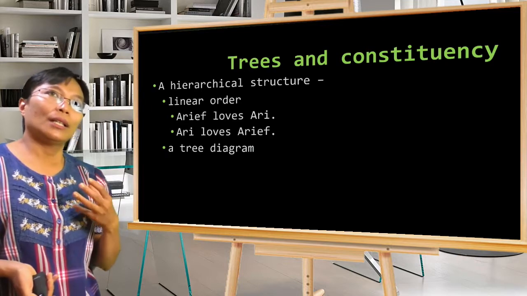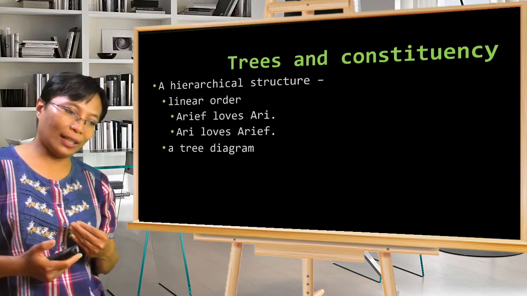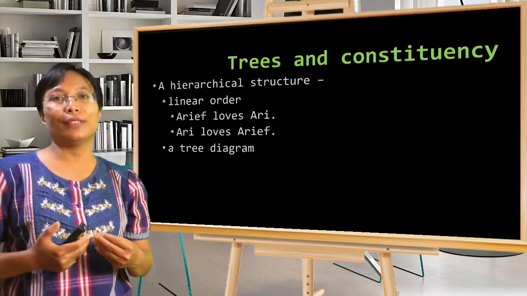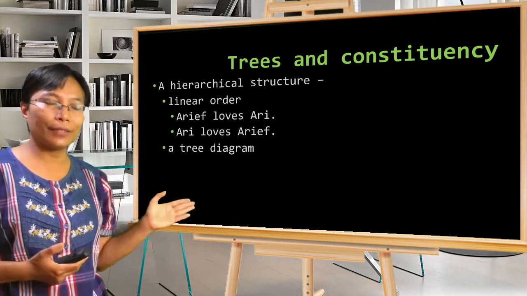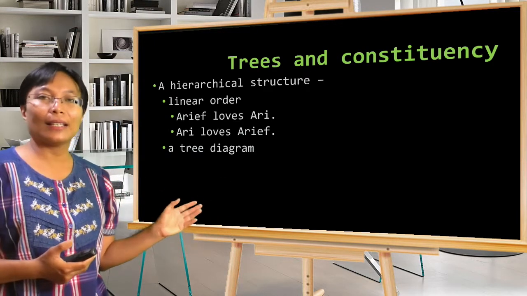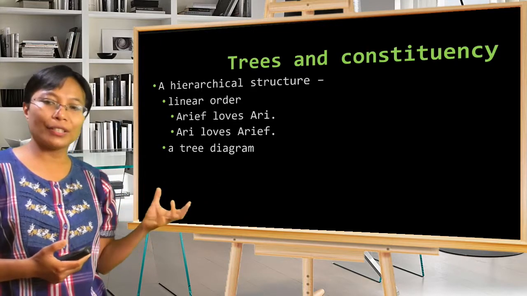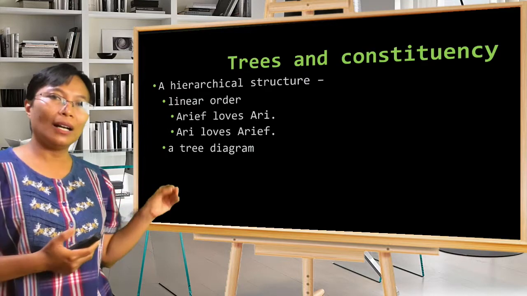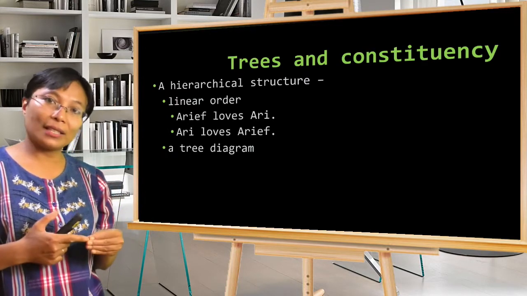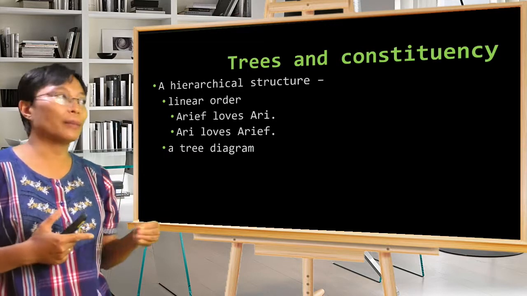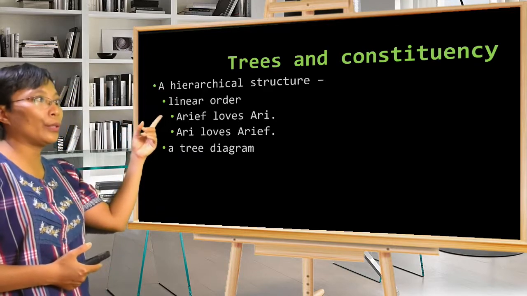When we talk about the structure, as you have learned before, the structure consists of different constituents, right? And the constituents have a particular function, and because of that, there must be a hierarchy. So when we talk about syntax, then we can describe the hierarchical structure in the form of linear order.